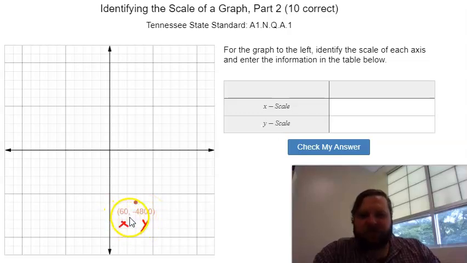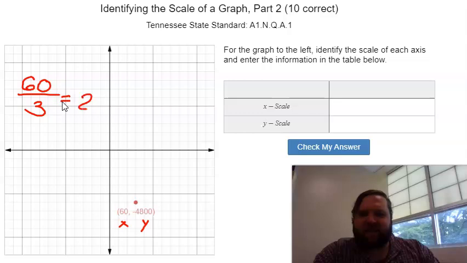So what I'm going to do is take the x coordinate, which was 60, and to find my x scale, I need to find out how many spaces from the y-axis that 60 is. And if I count, there's 1, 2, 3 spaces. So the scale of the x-axis must be 60 divided by 3, which is, of course, 20.